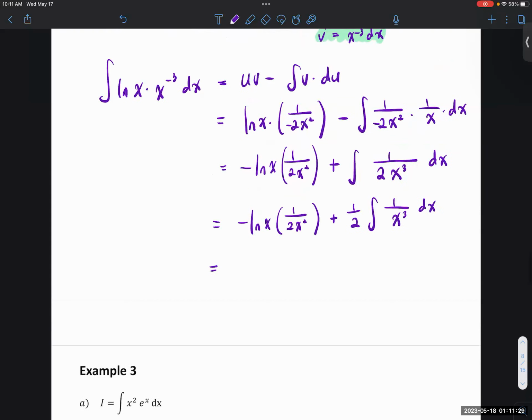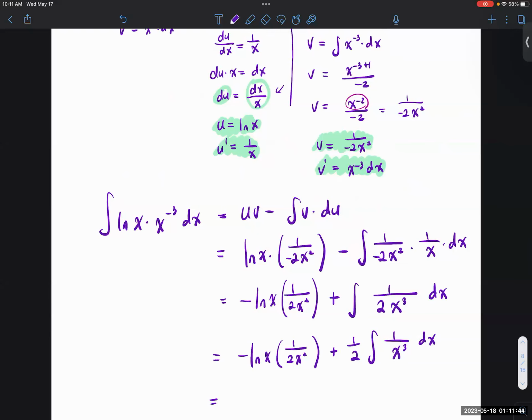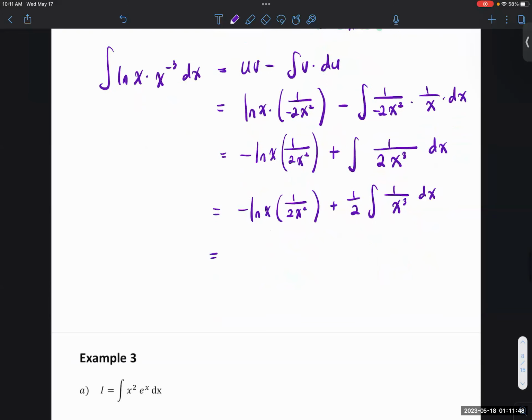So let me double check if I have any mistakes. So I think we are good. Yeah. Okay. Oh, du was, let me double check. Du was 1 over x dx. We good. Okay, therefore, we have negative ln x, 1 over 2x squared.